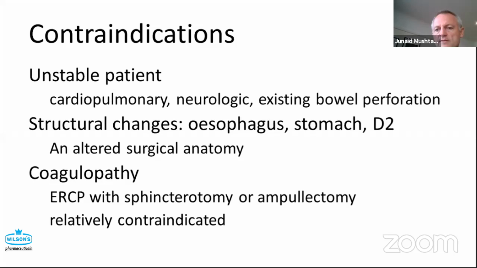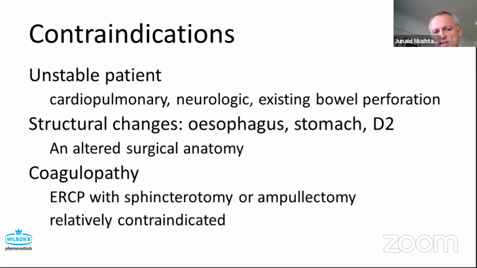These are relative contraindications. Now, it may be that a patient comes in shocked today into the resuscitation room, and yes, ERCP may be contraindicated, but it may be done at a later time, 6 or 8 hours later or the day after, once that patient is optimized, for example, on the intensive care unit or with inotropic support, etc.